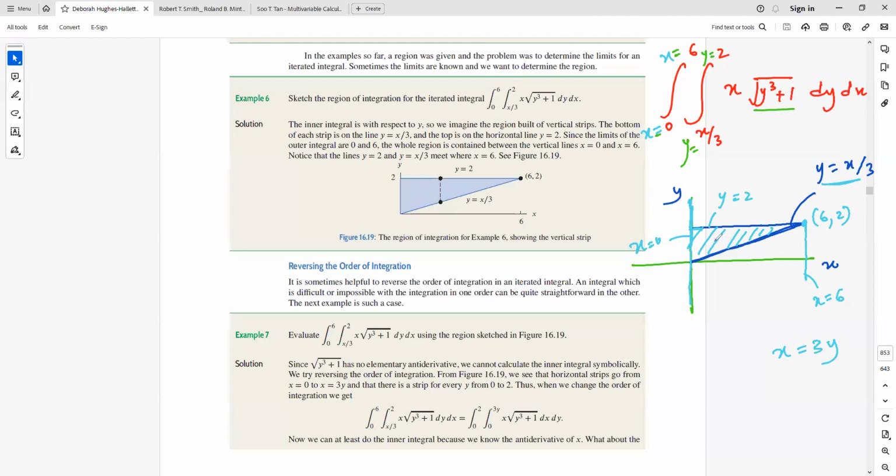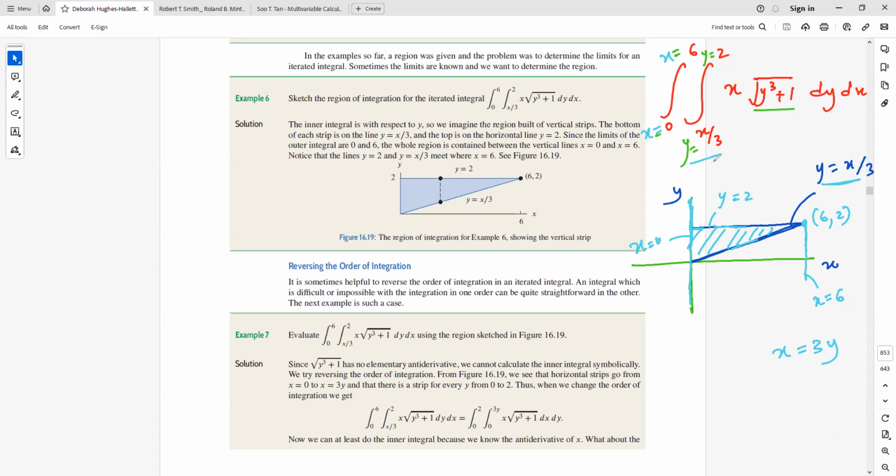Why I'm considering this region is that we have seen that y goes from x over 3 to y equals 2, which means this region is bounded between these two curves, right? This one, y equals 2, and this one, y equals x over 3, and then x equals 0 and x equals 6. That is these two lines, right? These two. So this is the region.